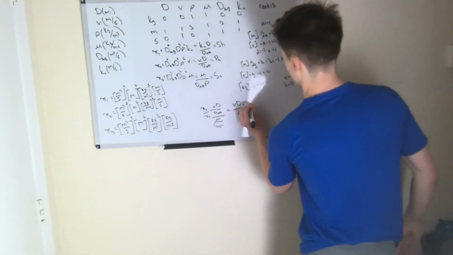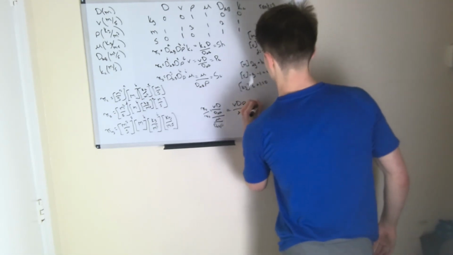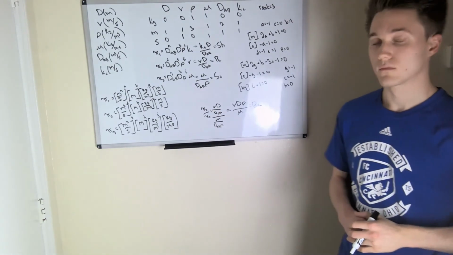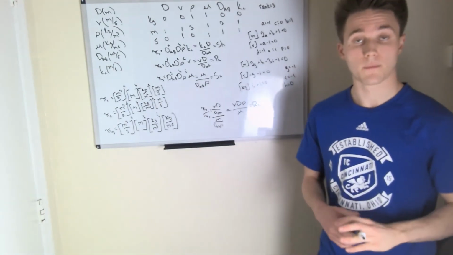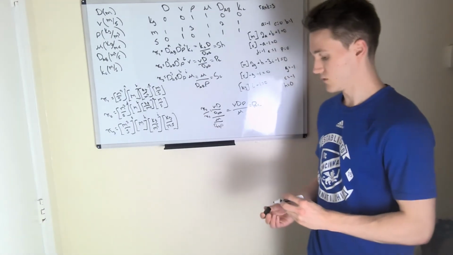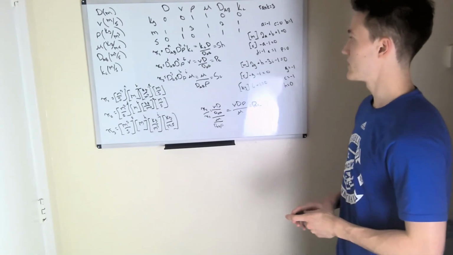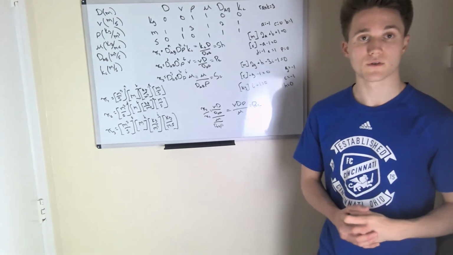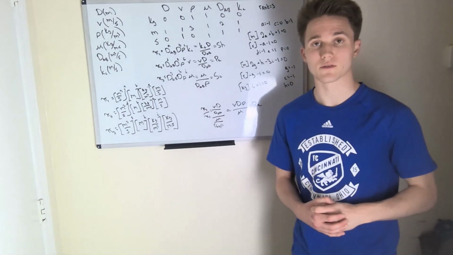And that is then equal to Reynolds number. And this is how you use the Buckingham Pi method to use dimensional analysis and show that Sherwood, Schmidt, and Reynolds numbers are the appropriate dimensionless variables.